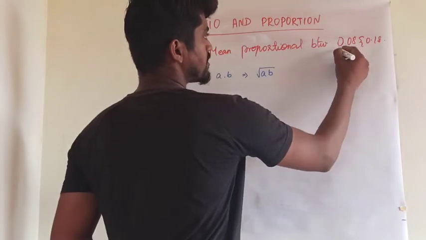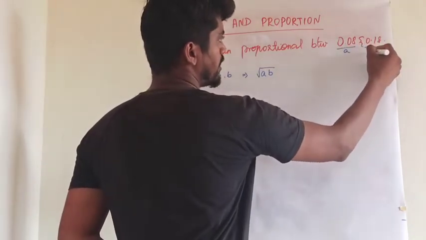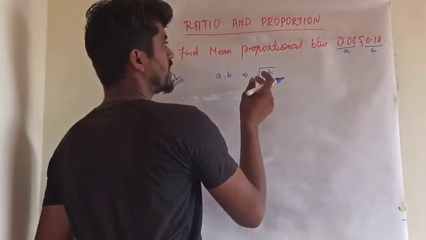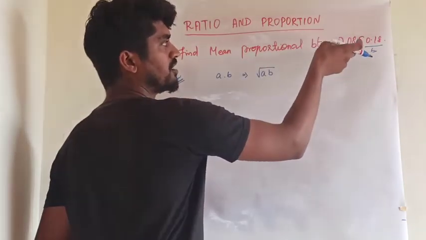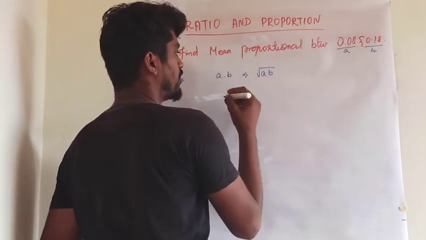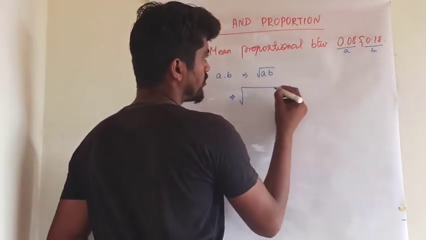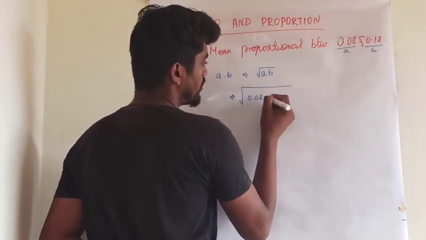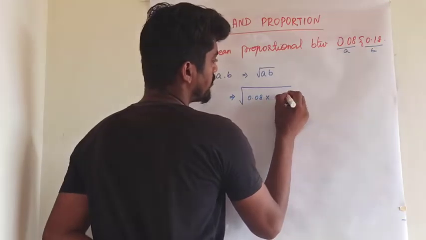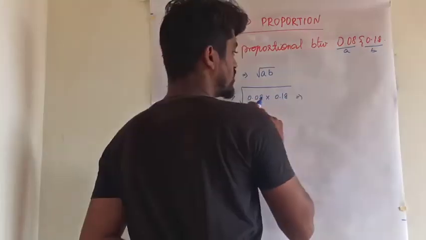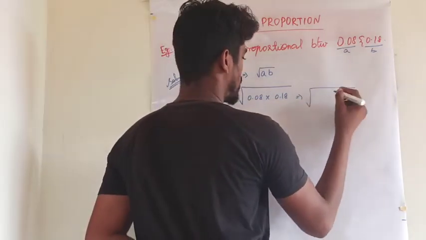So a is 0.08 and b is 0.18. We have to find the mean proportional between 0.08 and 0.18. So we can write the whole root of 0.08 into 0.18. We have to convert this decimal into fraction.